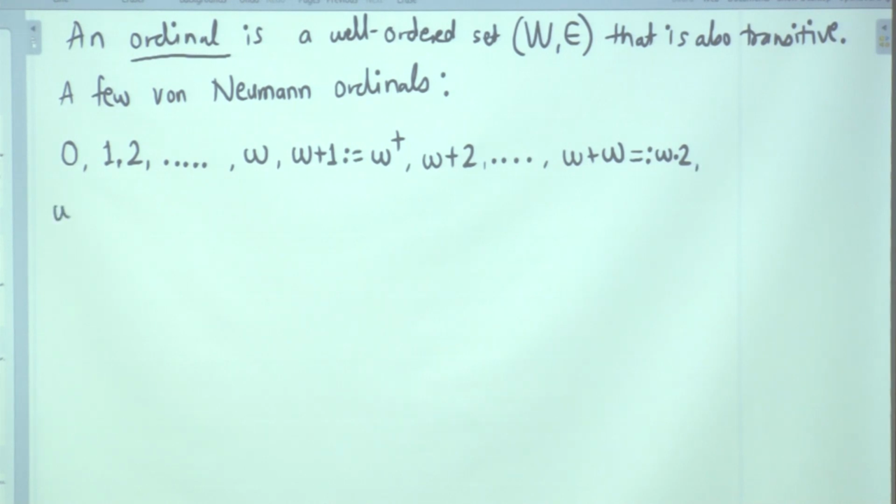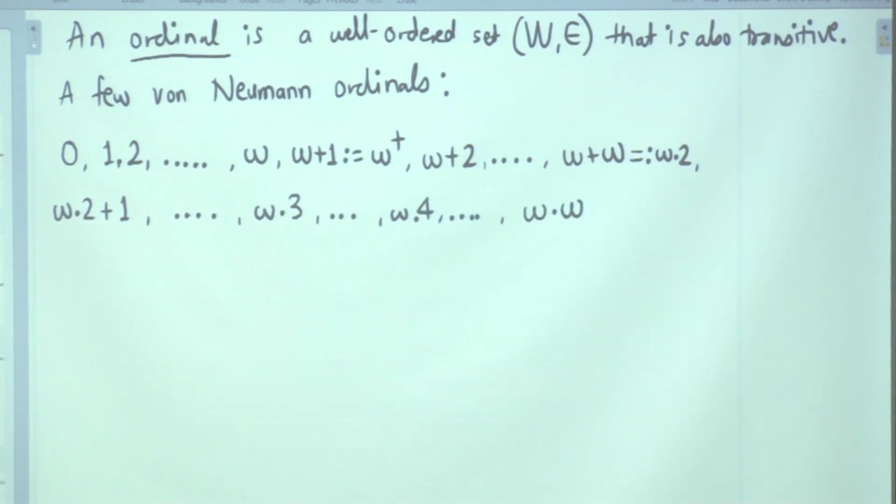Then, well, I shouldn't stop at omega dot 2. Its plus is also an ordinal, so I can add 1, I can add 2, then I can go up to omega dot 3, which is omega plus omega plus omega, and don't stop there. Omega dot 4, omega dot 5, and dot dot dot.